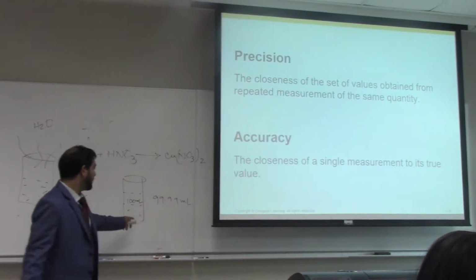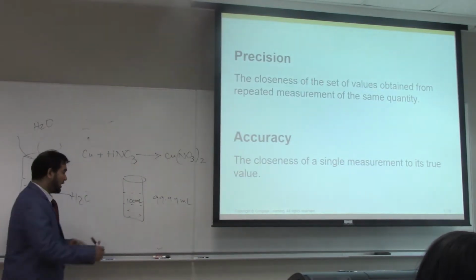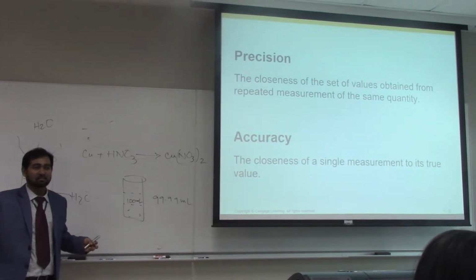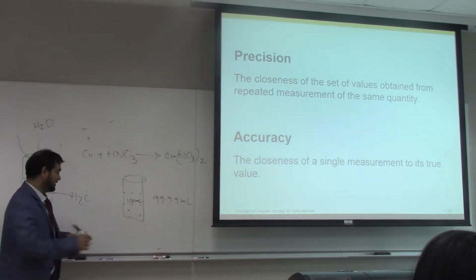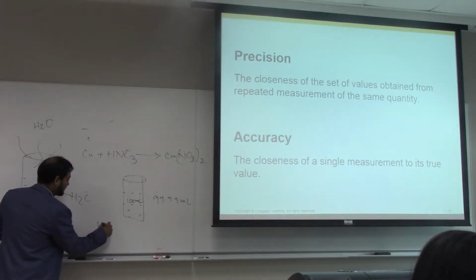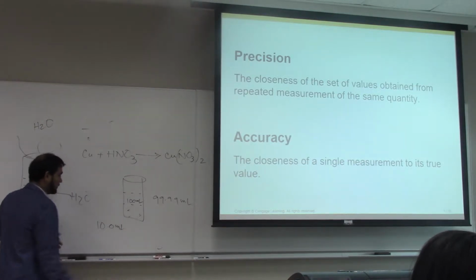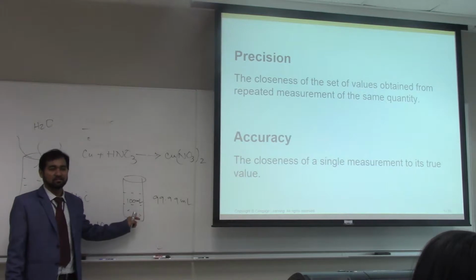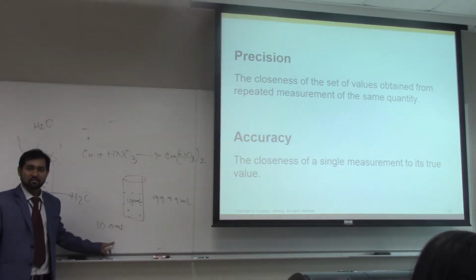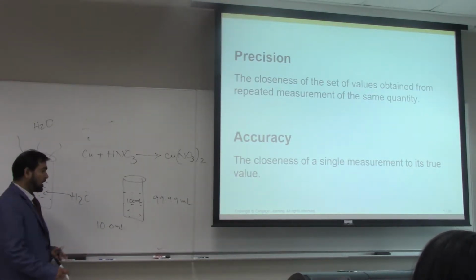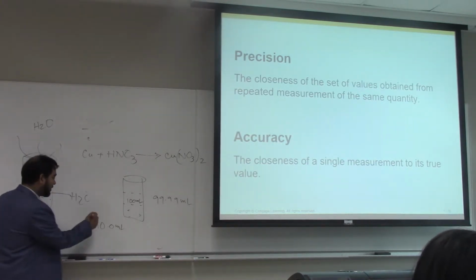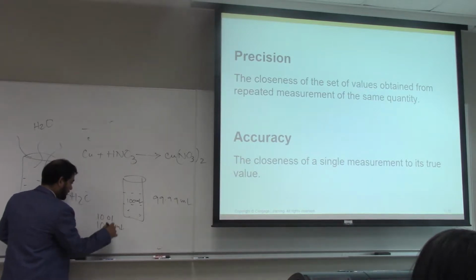So you have 100 ml of water, and you use this graduated cylinder, maybe it's wrong, you don't know how to read the scale, and you got maybe 10.0 milliliters. Actually, it has 100 milliliters. Is it accurate? No. And I said, hey, try again. They said, Dr. Haque, maybe try again. Yes, I'm right.